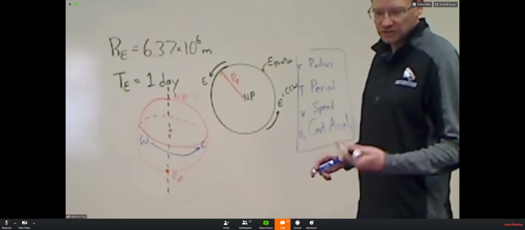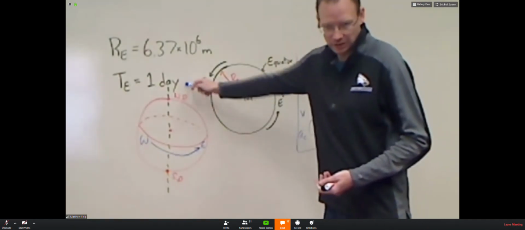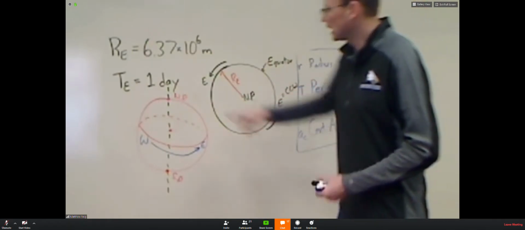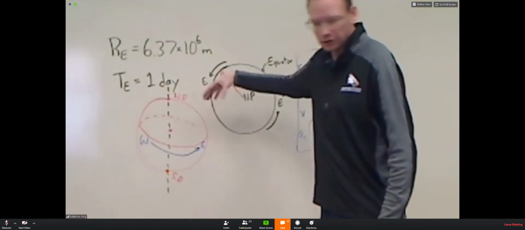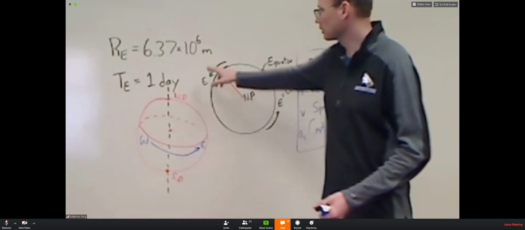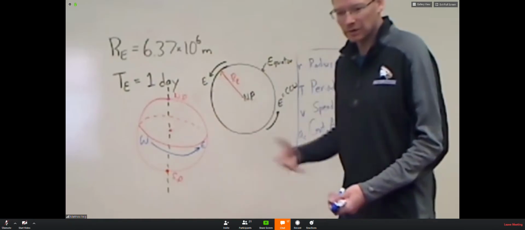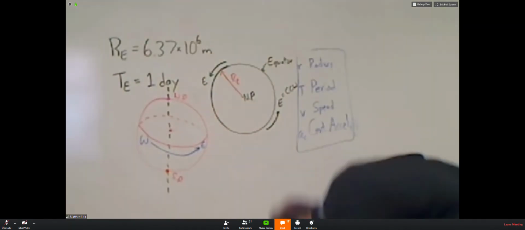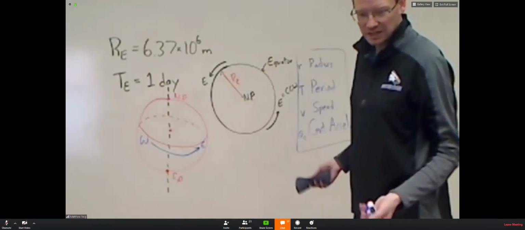It goes one circumference in one period. So let's calculate the velocity of the equator. I would like the answer in meters per second, so maybe we'll convert it to miles per hour as well, but I'd rather not have meters per day. So let's first convert 1 day into seconds.